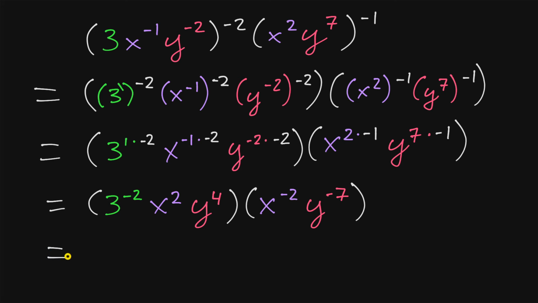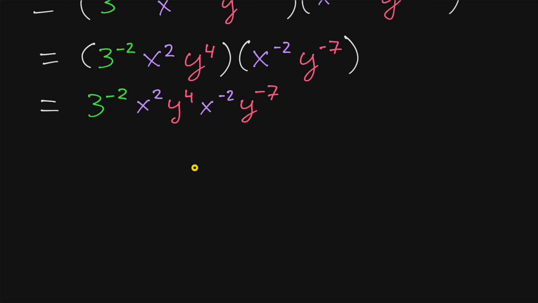So by the associative property of multiplication, you can just write directly 3 to the negative 2 times x squared times y to the power of 4 times x to the negative 2 times y to the power of negative 7.